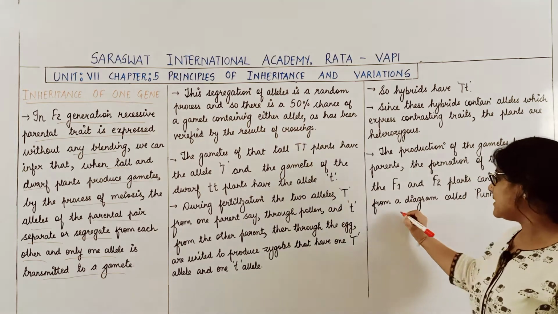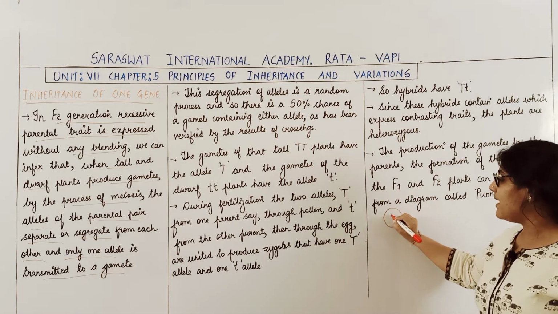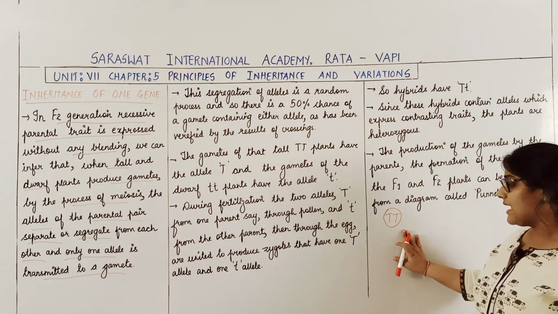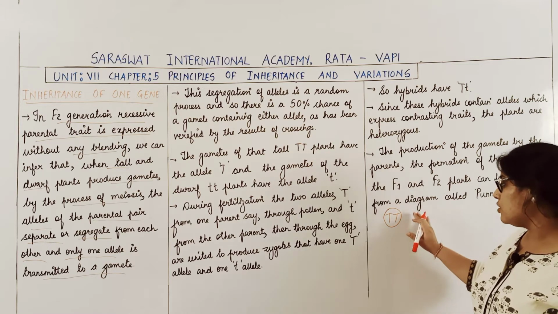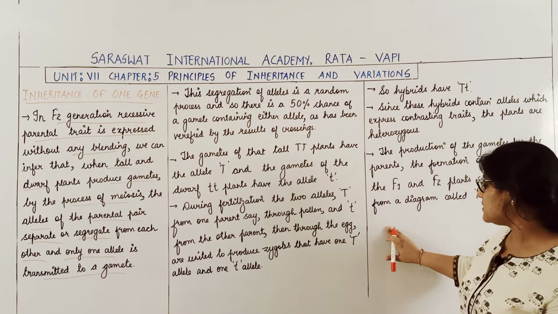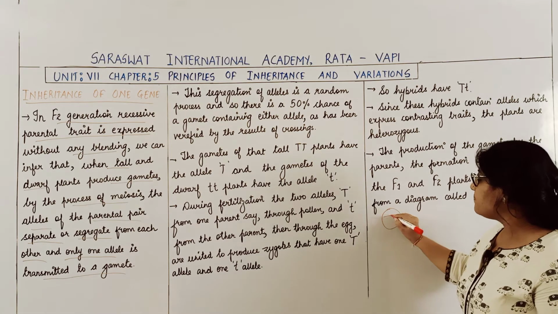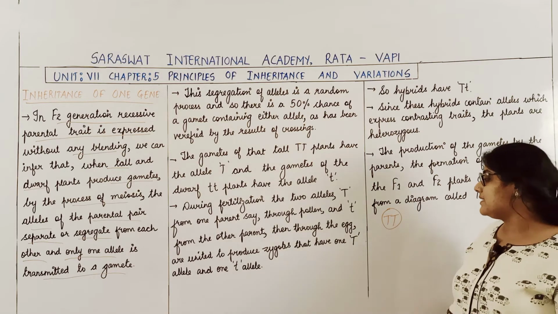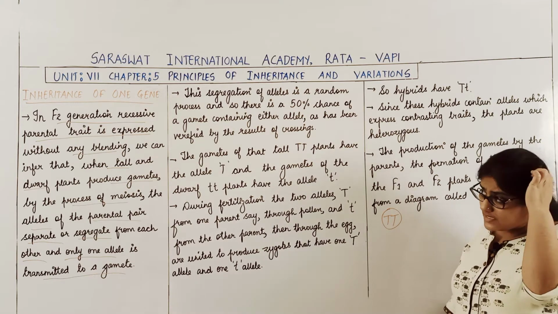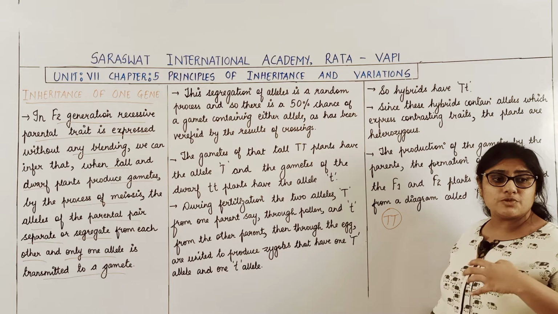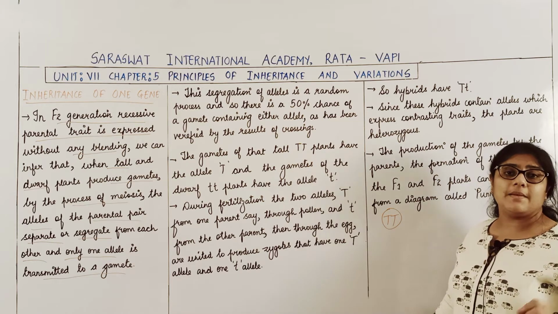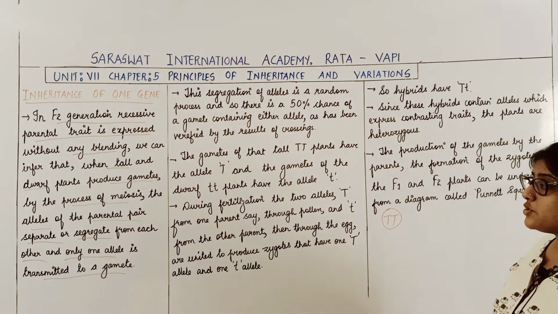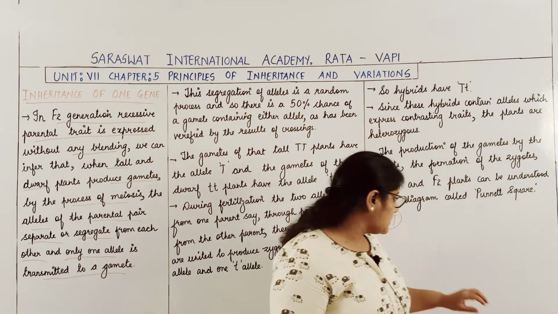Say for example, the parental pair is tall, so say there is a gene capital T in the parents. Now this parent will produce the gametes by the process of meiosis. What happens during meiosis?